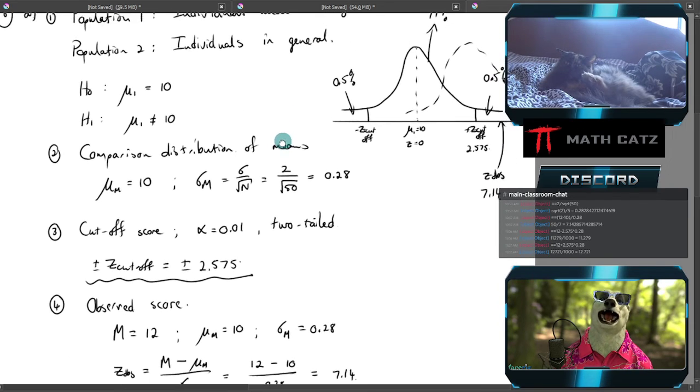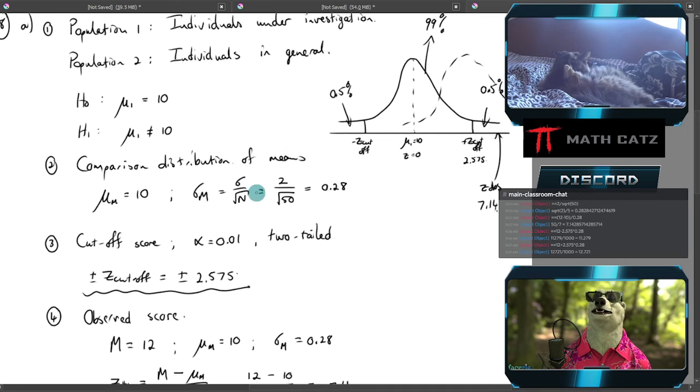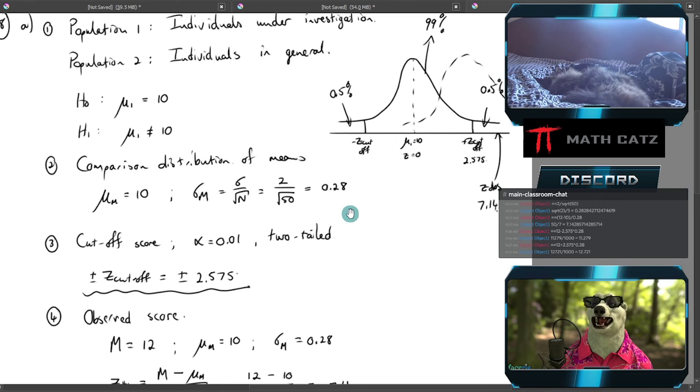Then we look at our comparison distribution, and because we have a sample that we're working with, we're trying to see how that sample sits in comparison to all possible samples we could get, and therefore we're looking at the distribution of sample means, and we make the adjustment to the standard deviation.